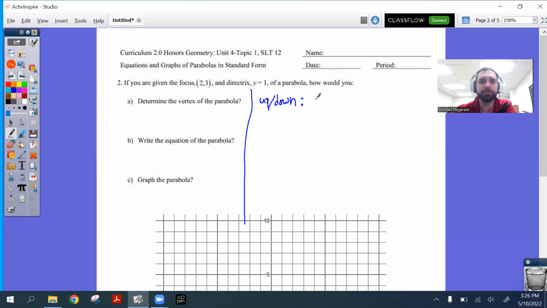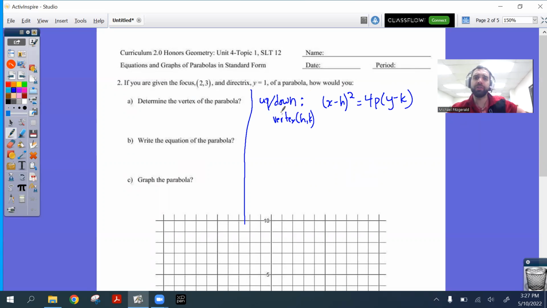If it opens up or down, then with a vertex (h, k), it would be the following equation: (x minus h) squared is equal to 4p (y minus k).